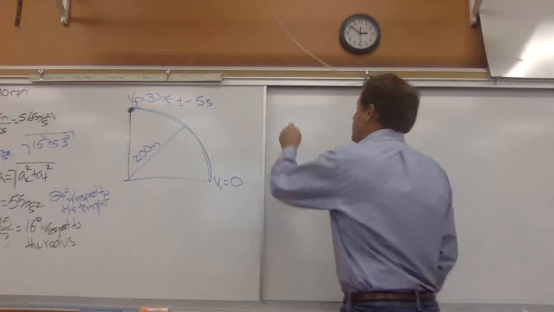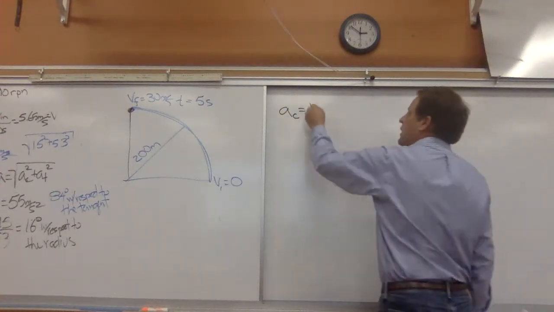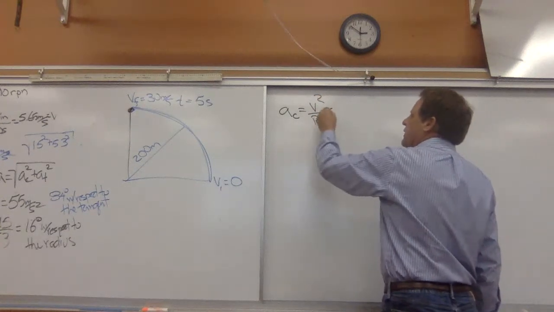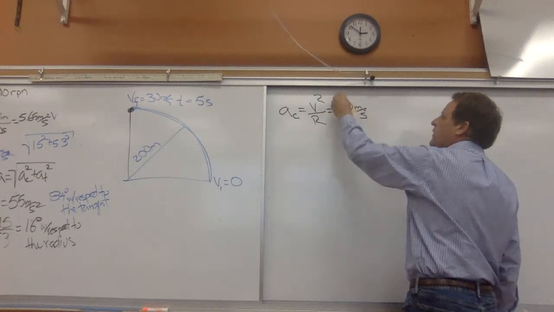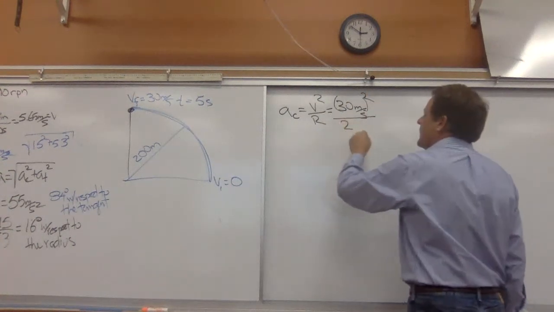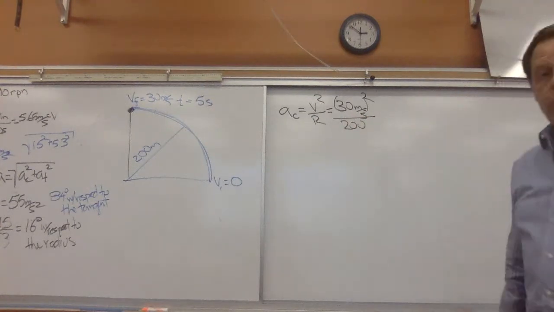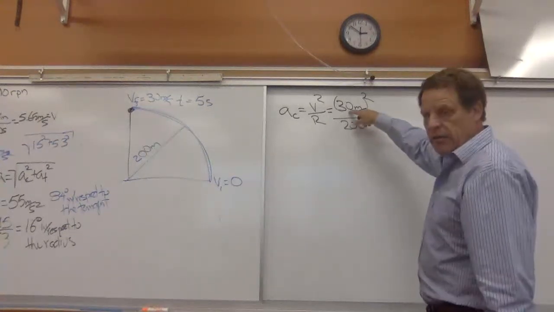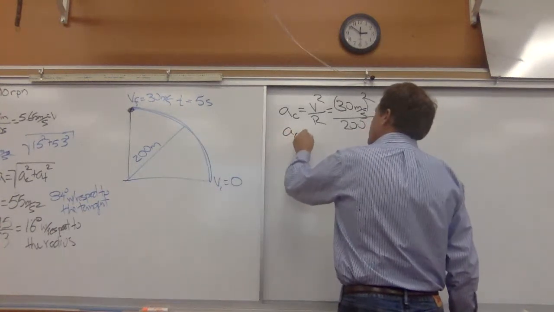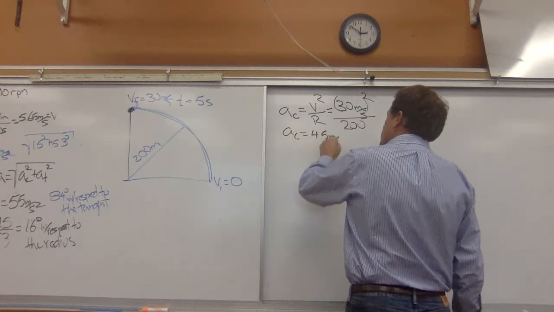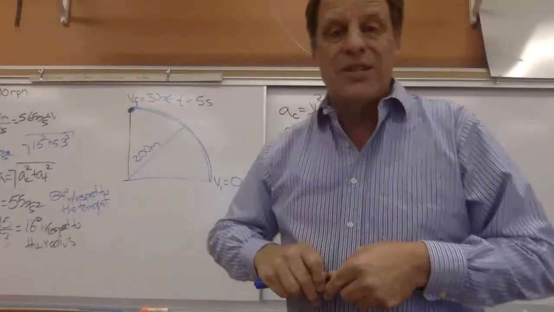Okay, so the centripetal acceleration is the easiest one, because we are already describing that as 30 meters per second, and then that gets squared, and then we divide that by 200. So 30 squared is 900, divided by 200 gives us 4.5. So our centripetal acceleration is 4.5 meters per second squared. Now, obviously, that is going towards the center.